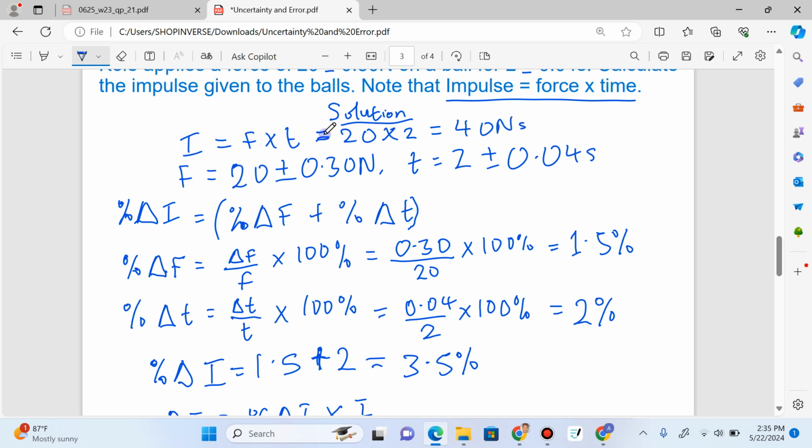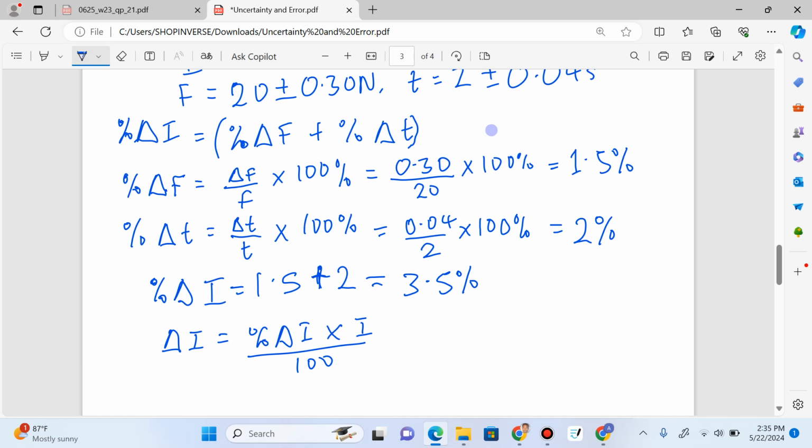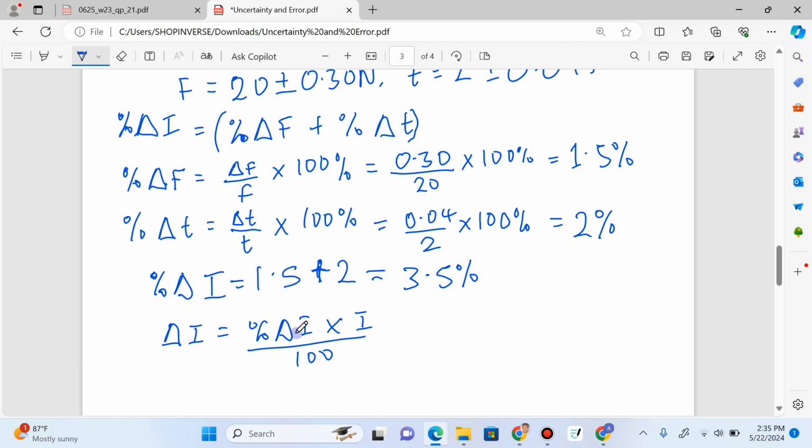So now that I have the absolute value of the impulse, I can find the absolute uncertainty in impulse.